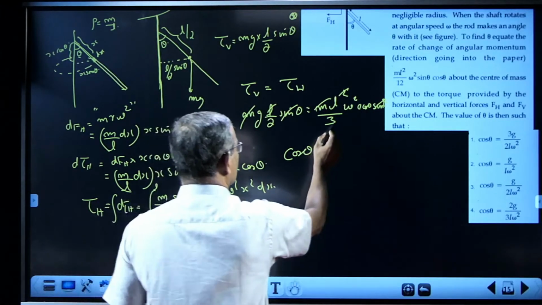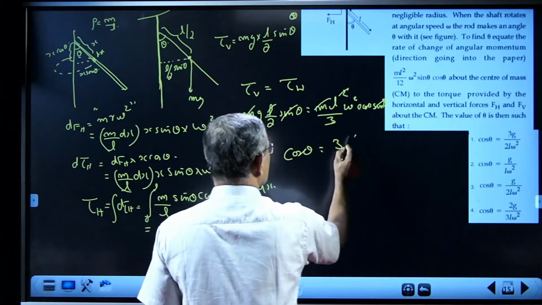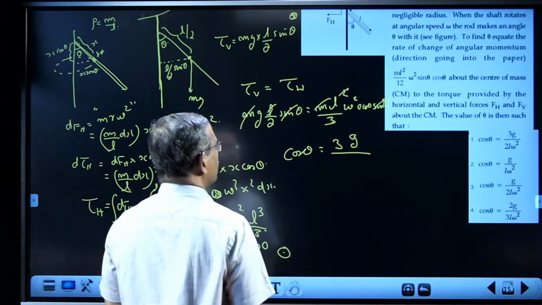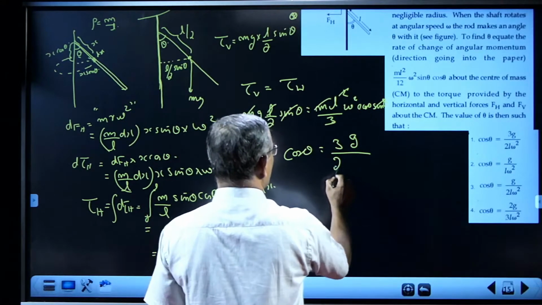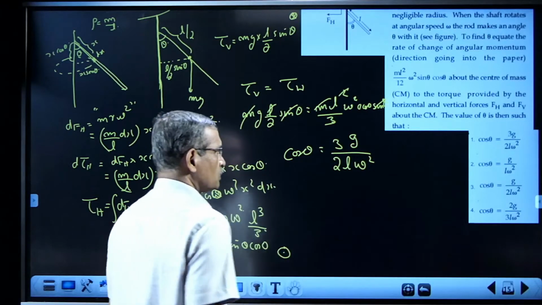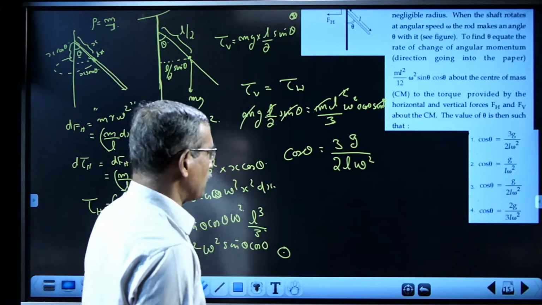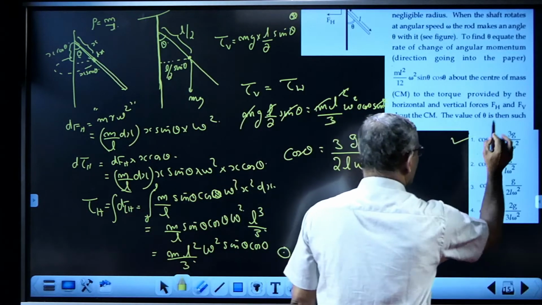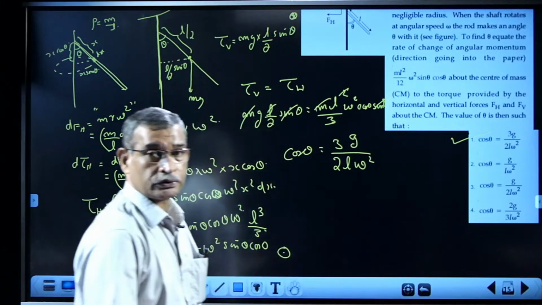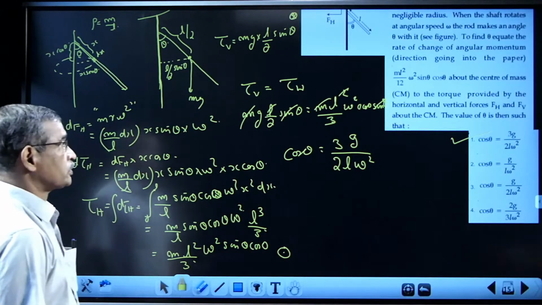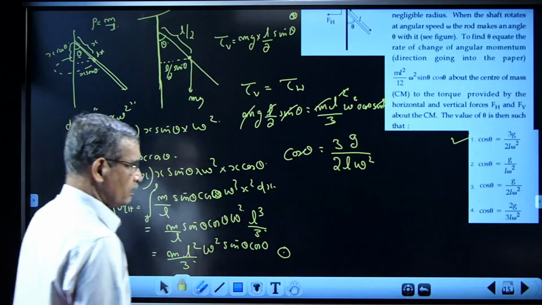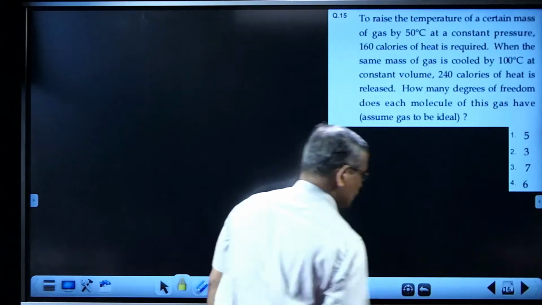Cos theta is equal to 3g by 2L omega squared. That is the option. Difficult question, definitely a difficult question, this one. Next one.